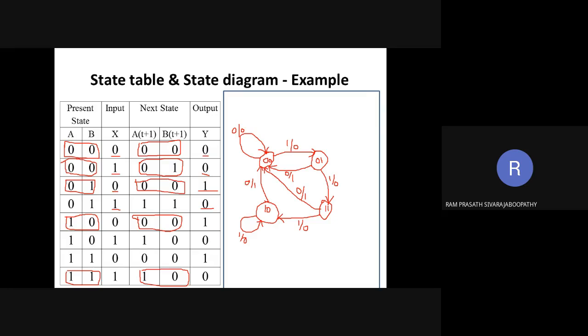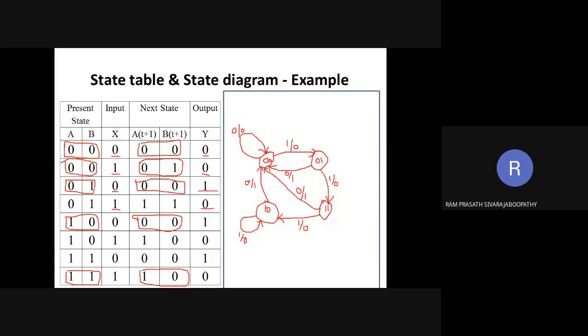Srihari, don't think of parallel output, serial input like that. What I am saying is, we are having one input X and one output Y, which are not the input and output of the flip-flop. First of all, understand that.